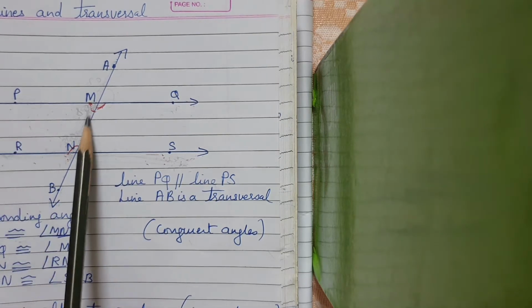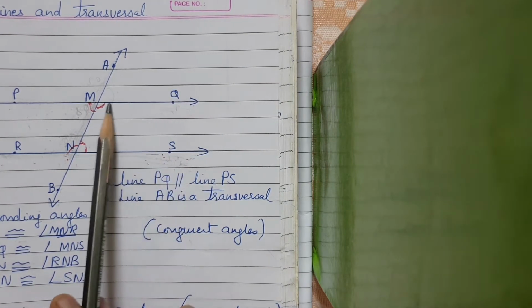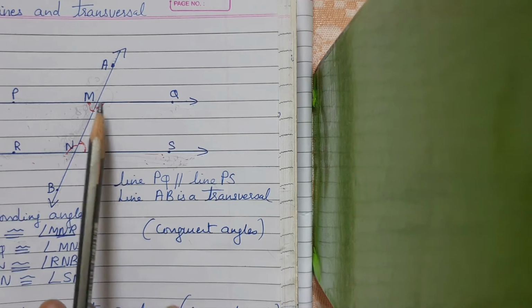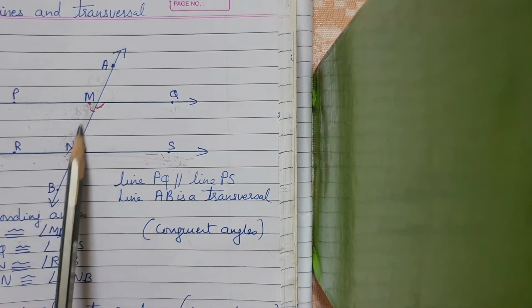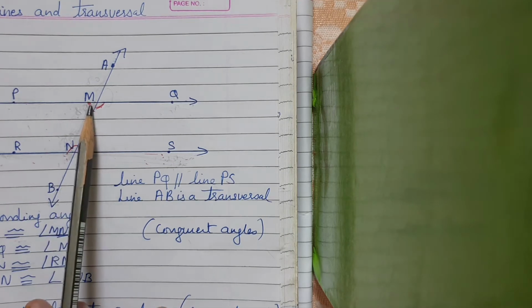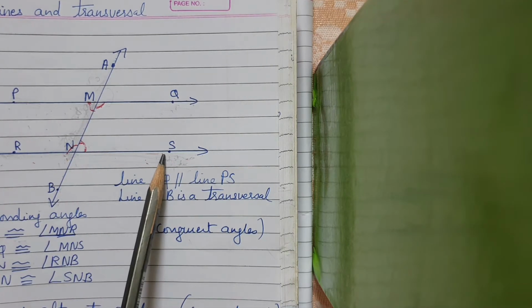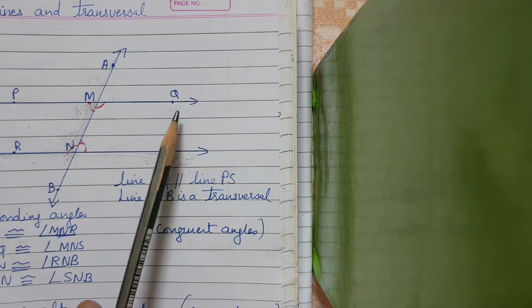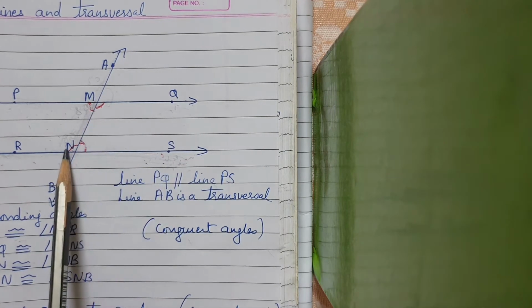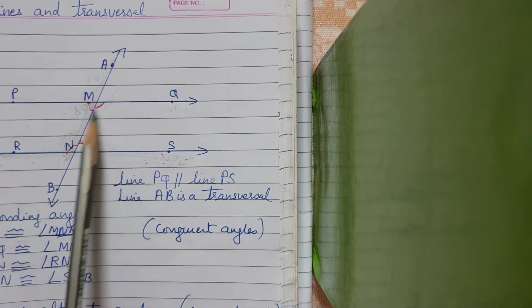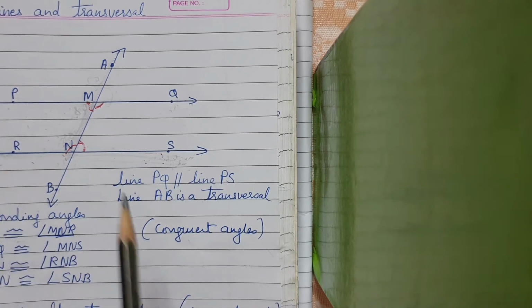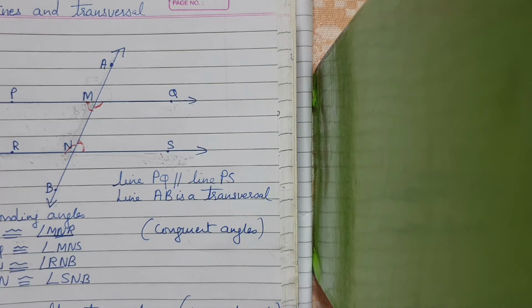So this way it will go in one direction, this way it will go in the other direction. So they are crossing the transversal in opposite directions. Angle PMN and angle MNS are congruent angles, they are alternate angles. Angle QMN is congruent to angle MNR. So this is also an alternate angle. So alternate angles are also congruent angles.